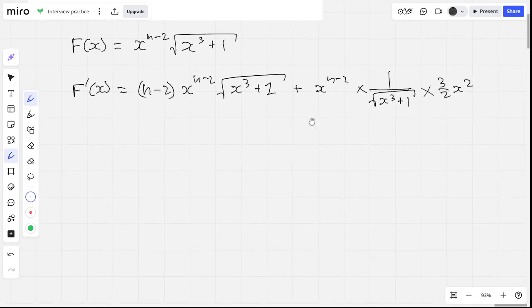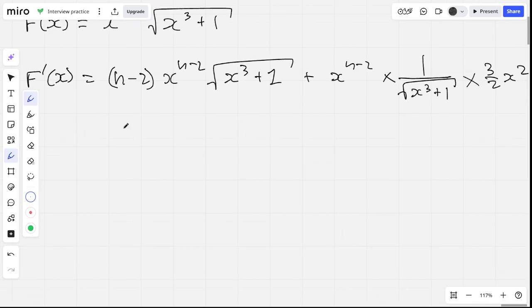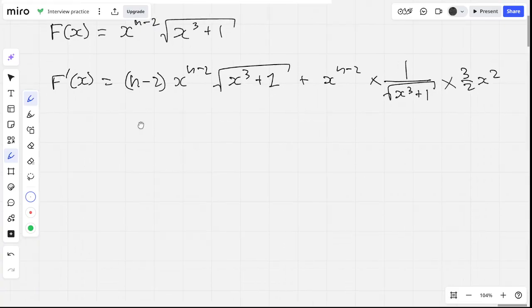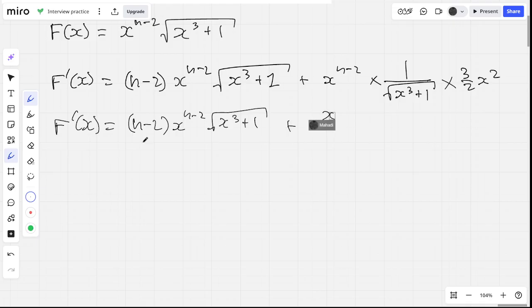And I really don't like the way I did this. Now this is going to simplify to, let's see if I can get the whole thing in, yes, f dash x equals (n minus 2) times x to the n minus 2 times the square root of x cubed plus 1, plus x to the n over the square root of x cubed plus 1.